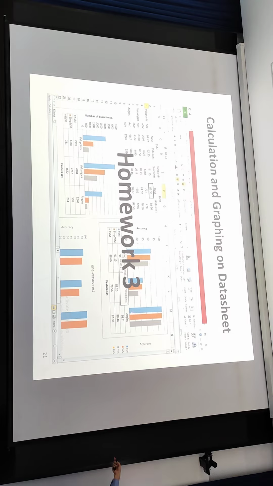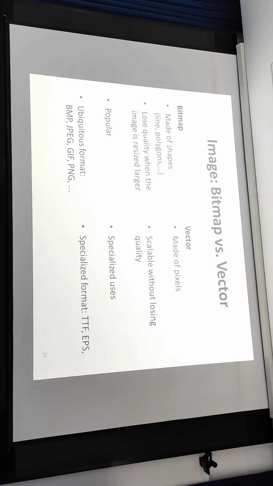Another way is to convert these pictures into a vector format. Which one is a vector format and which one is in bitmap format? It depends. You have to learn. For example, you often see pictures in bitmap, JPEG, PNG formats, because they're very popular. And for vector, it's usually EPS.